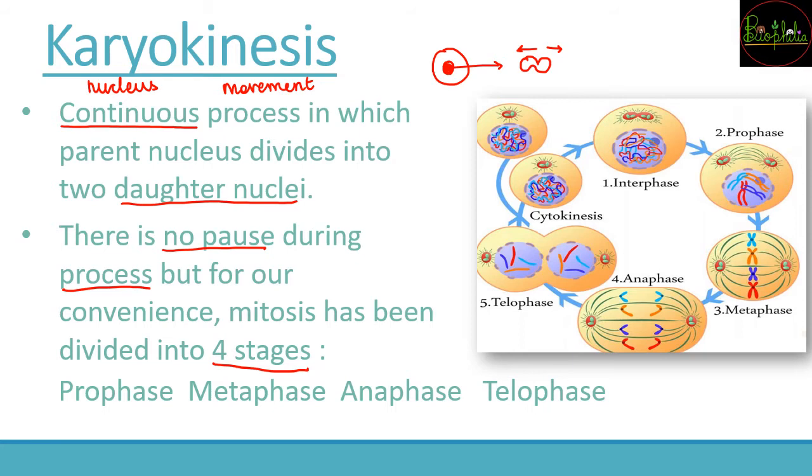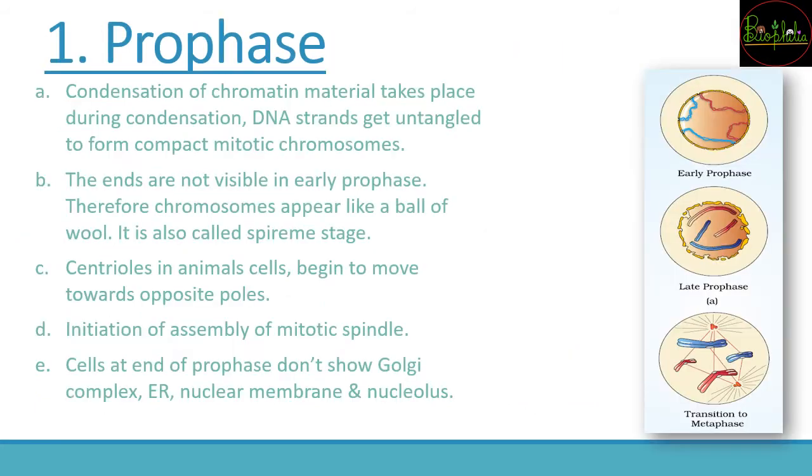The phases you divide karyokinesis into are the prophase, then the metaphase, anaphase and telophase. These are the 4 phases you need to study under the topic of karyokinesis. So let's continue to understand prophase in detail.